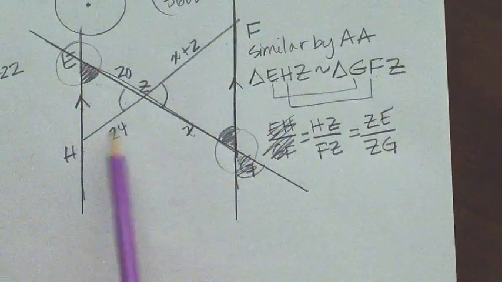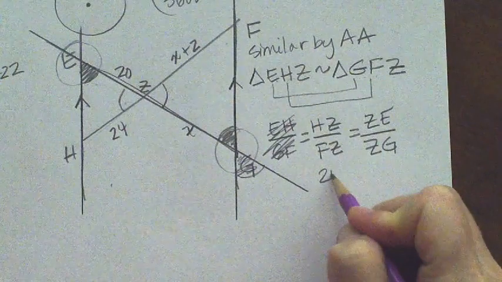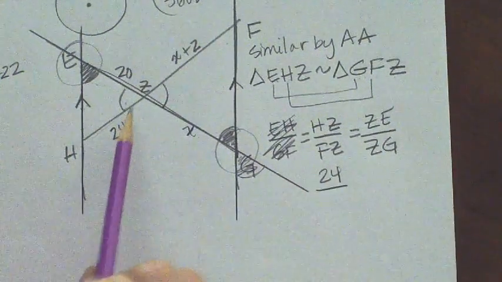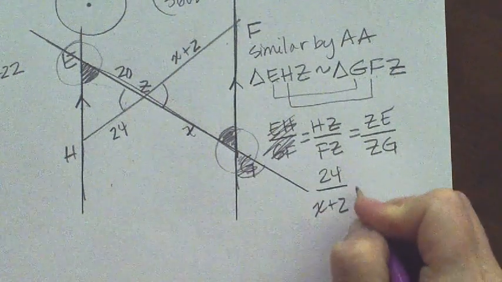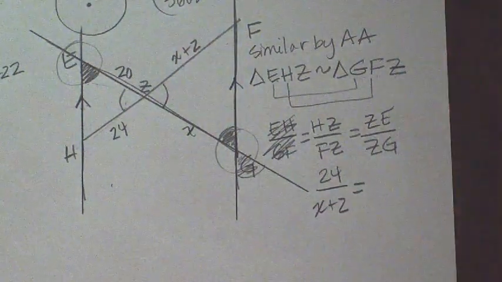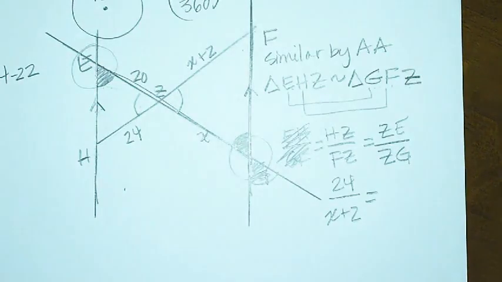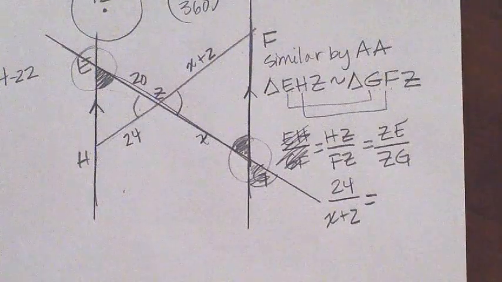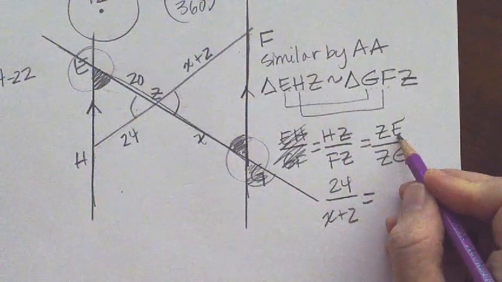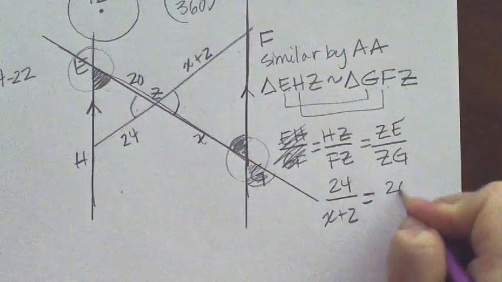Ratio, HZ is 24. FZ is x plus 2. Looks kind of like the ones that we've seen on Con. Oops. Okay, maybe that's not a good idea. Let's leave that off. ZE is 20.